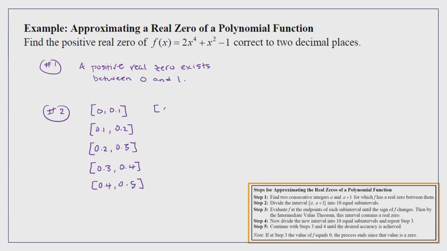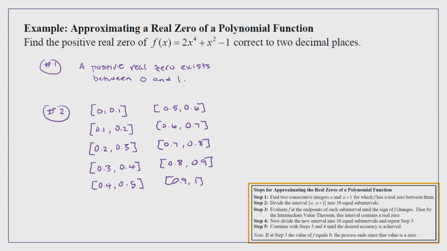Then we would have 0.5 to 0.6, 0.6 to 0.7, 0.7 to 0.8, 0.8 to 0.9, and 0.9 to 1. And now we have our 10 equal subintervals.